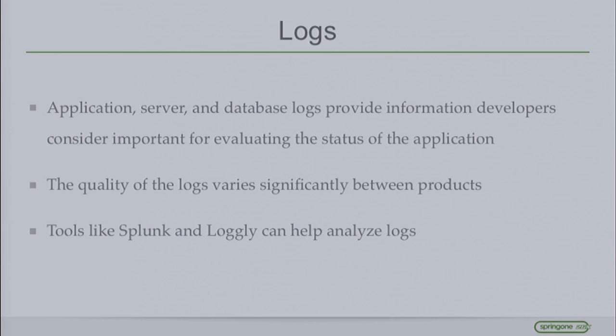Generally, the information provided in these varies significantly. It's really how much time the developer decided to devote to logging and what they thought was important, right? And there are tools out there. I won't show you any screenshots of them today, but Splunk and Loggly, for example, are tools that you can use to analyze your logs.